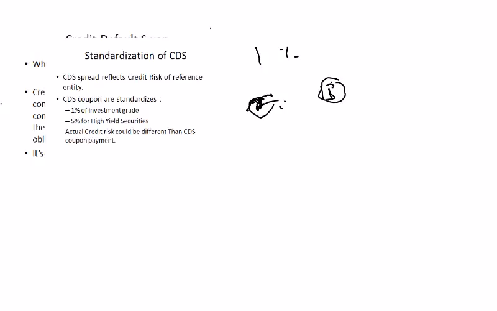Now let's assume credit risk is anything other than 1%, assuming it's an investment grade reference entity. Let's say the risk is 1.25%. We can also write it as 125 basis points, BPS.